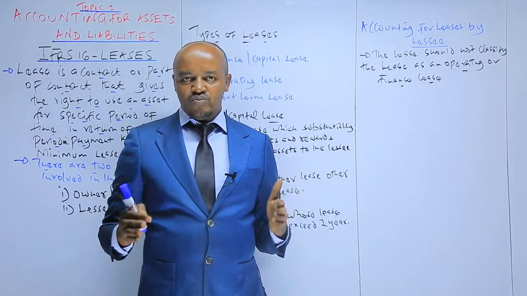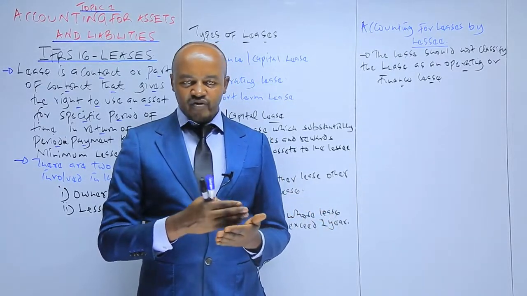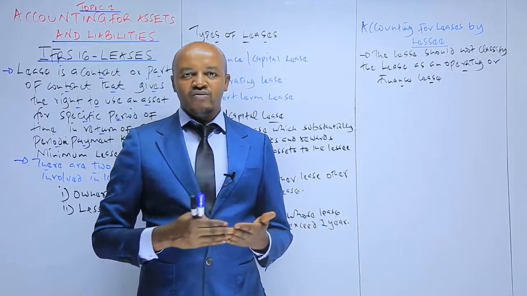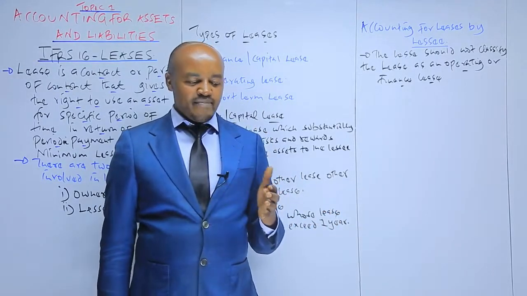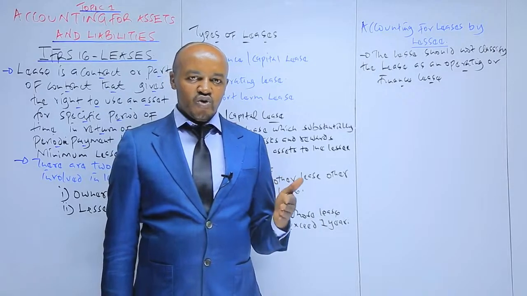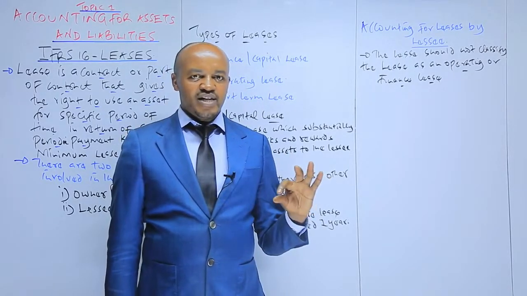And therefore, most of the companies, after leasing an asset, were accounting for those leases as operating leases. So what that means is that most of the companies were avoiding showing liabilities in their books of accounts.